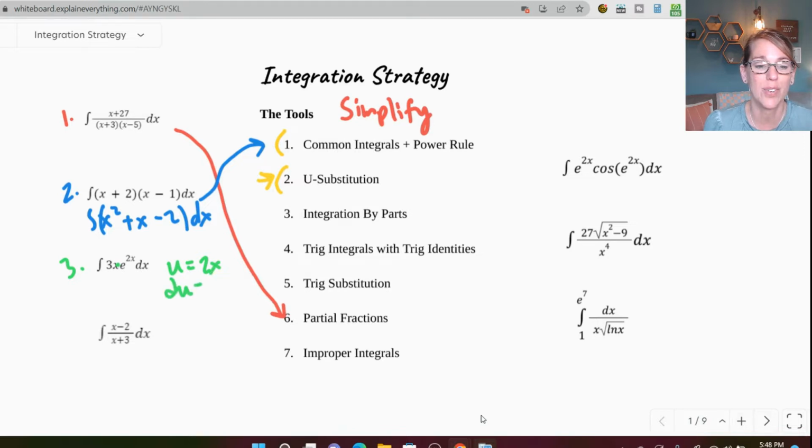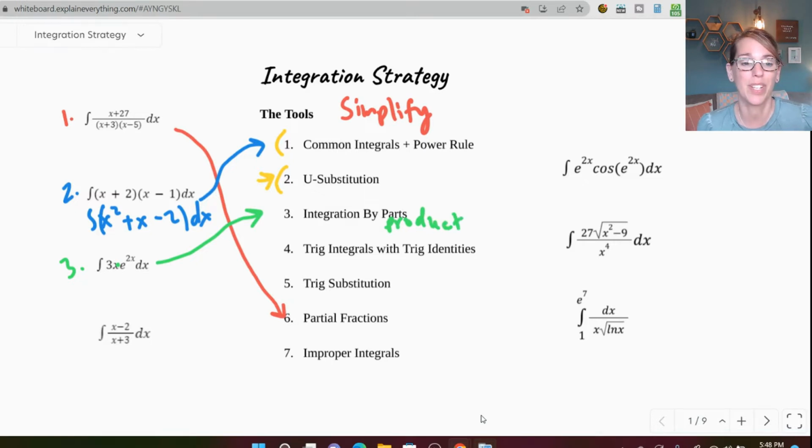So my du would be 2dx, and I wouldn't be able to take care of the x there. So since a u sub won't work, that means that we would be left with instead the integration by parts. So the clue there for the integration by parts is that you have a product and you can't use a u sub. So really, we try and use the u subs whenever we can.